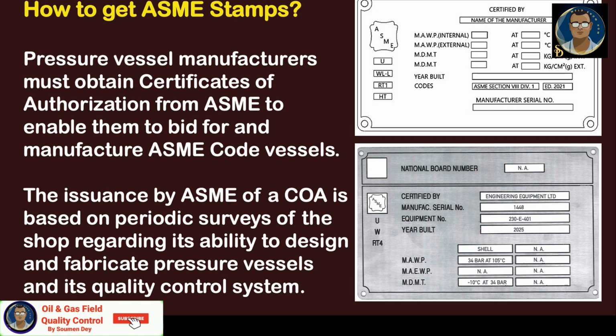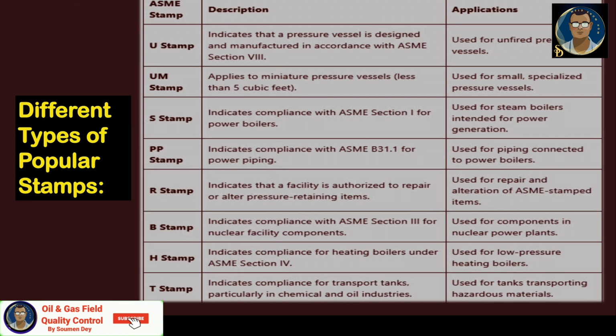This issuance by ASME of a COA is based on a periodic survey of the shop regarding its ability to design and fabricate pressure vessels and its quality control system. Different types of popular stamps: U stamp, UM stamp, S stamp, PP stamp, R stamp, B stamp, H stamp and T stamp.